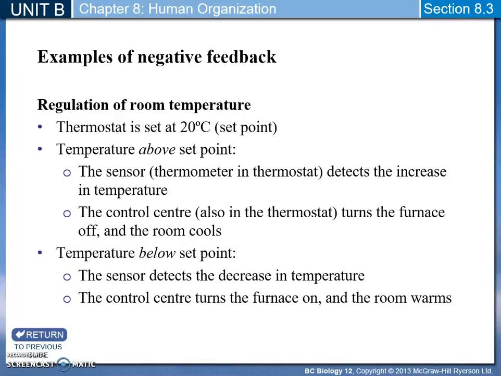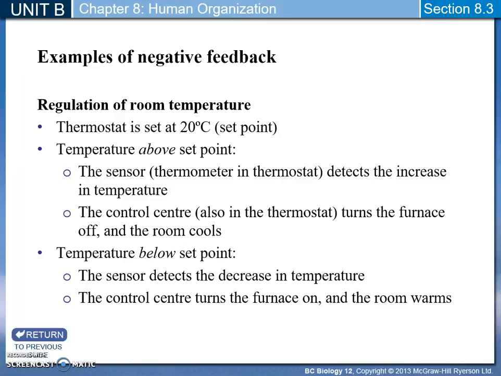And this is largely how it occurs in many of the feedback loops within the body as well, where we need to think of things more in terms of being on or off, rather than a little bit on or a little bit off, just like the furnace in your home.